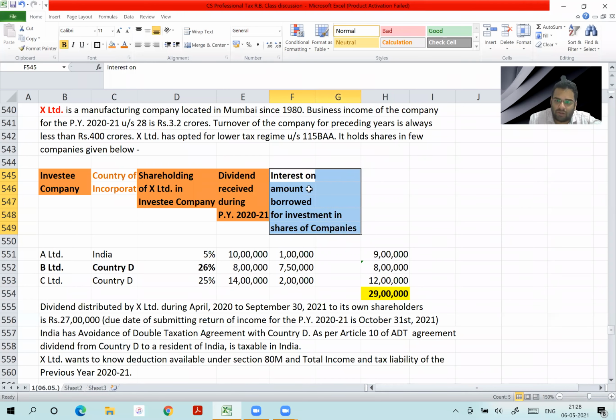Why do you think this column is given? Yes, interest on amount borrowed. Very good. That point is given to know the expenditure. Let's go ahead. So far, so good. Things are clear to you.